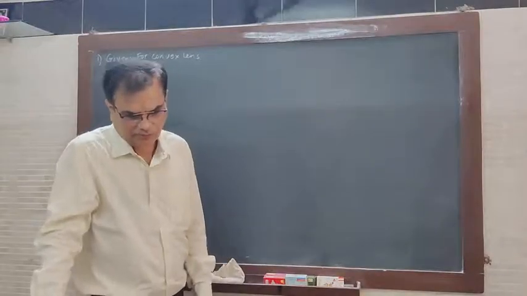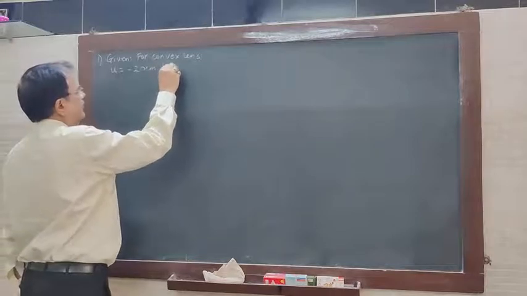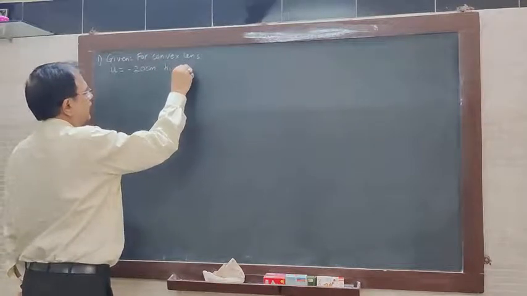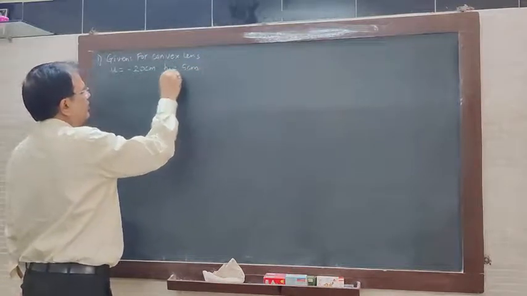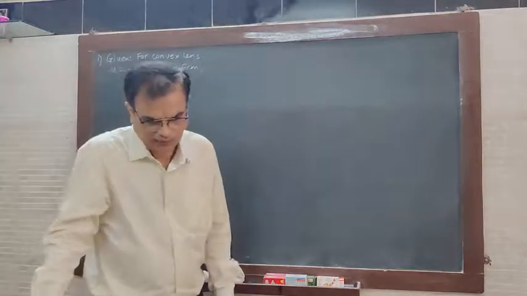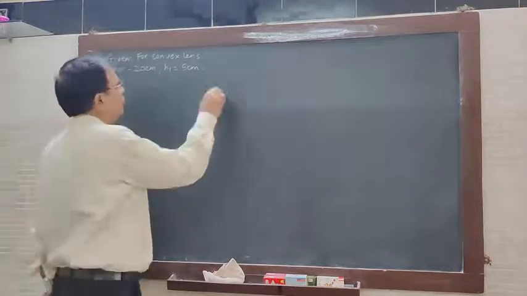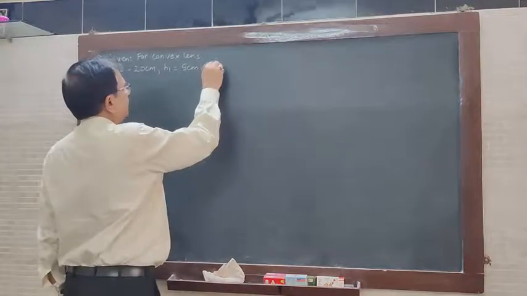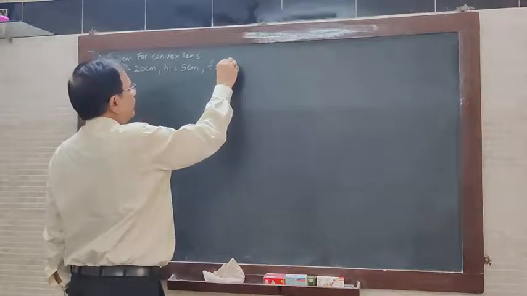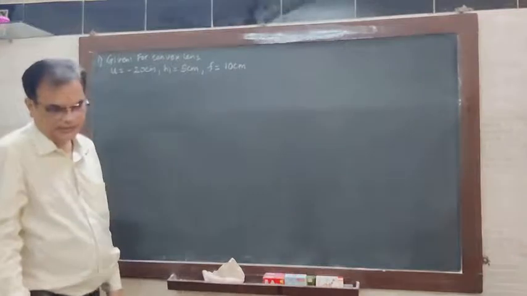If the height of the object is 5 centimeters, so height of the object h1 is equal to 5 centimeters, and the focal length of the lens is 10 centimeters. So focal length f, the focal length of a convex lens is positive, so f is equal to 10 centimeters.